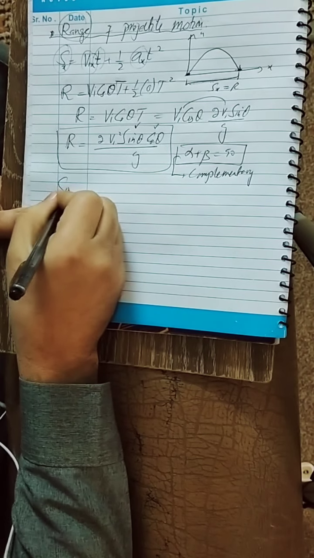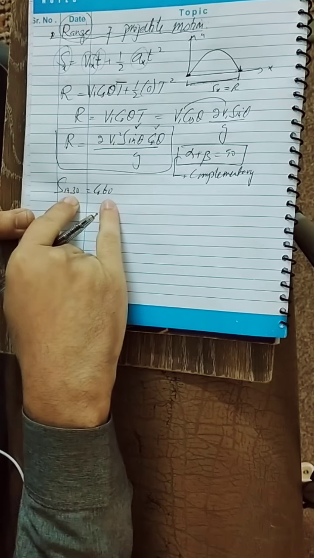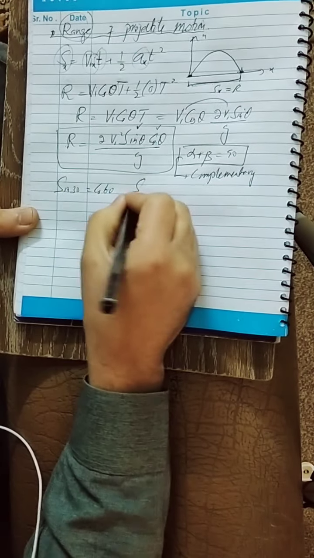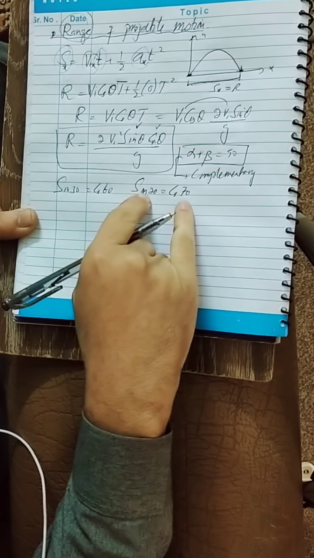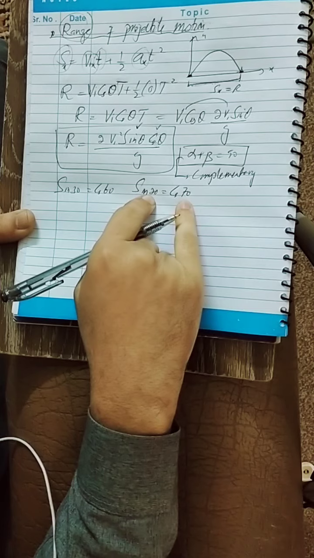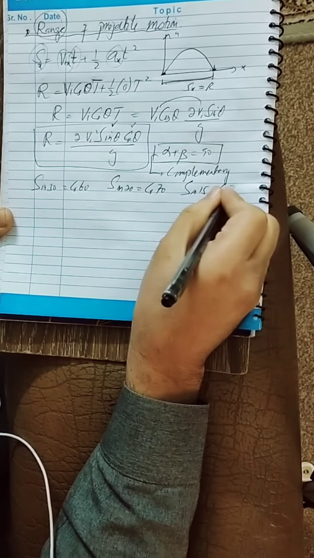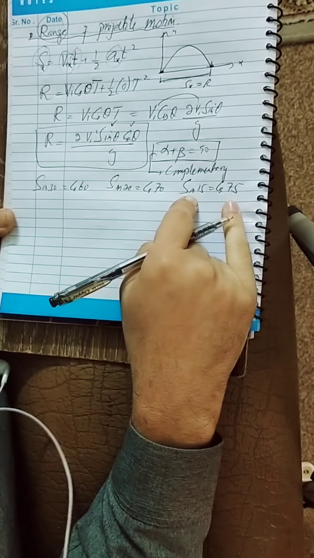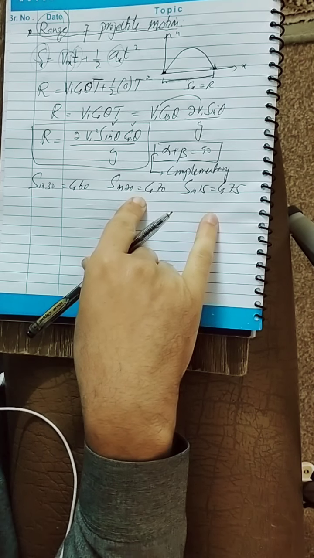For example, sine 30 is equal to cos 60. 30 and 60 are both complementary, so sine and cos will have the same answer. Suppose sine 20 and cos 70 will have the same answer, because 70 and 20 are complementary angles. Sine 15 and cos 75 will also have the same answer, because both are complementary angles.